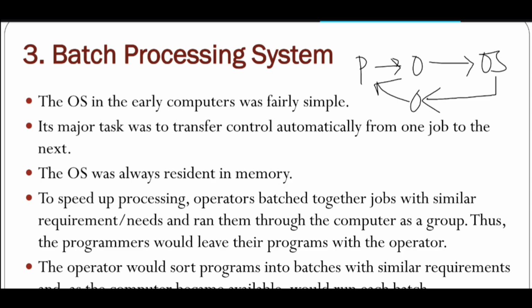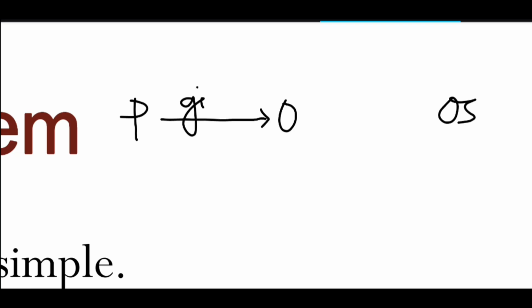We are discussing again. There are mainly three parts: our programmer, then our operator, then our OS. The programmer gives a list of several jobs, meaning processes, to the operator. Then the operator sorts and sends to the OS.